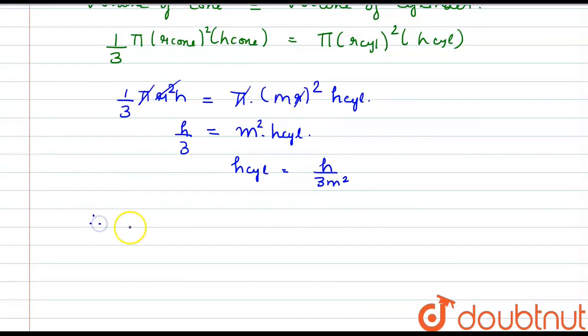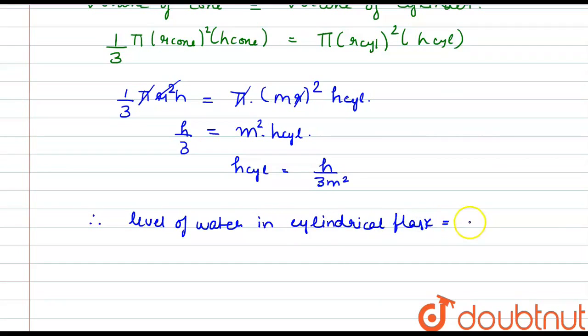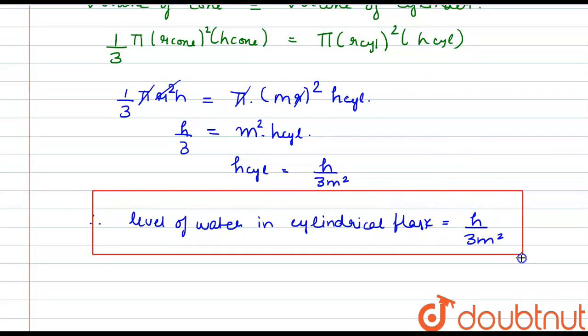So therefore we can say that the level of water in cylindrical flask is equal to h by 3m square. Okay, so this is the value for the level of water in the cylindrical flask.